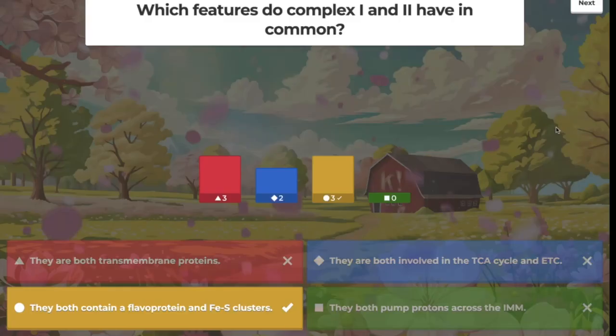Do you guys want me to, because this one you guys like, which features do they have in common? Only complex 2 is involved in the TCA cycle, and transmembrane proteins, only complex 1 is a transmembrane protein, whereas complex 2 is only partially attached to the membrane.